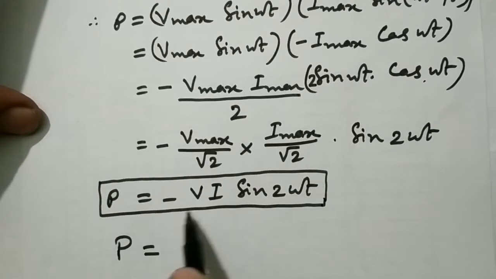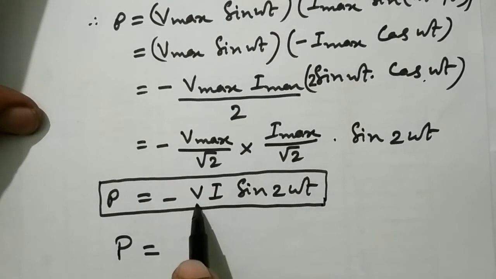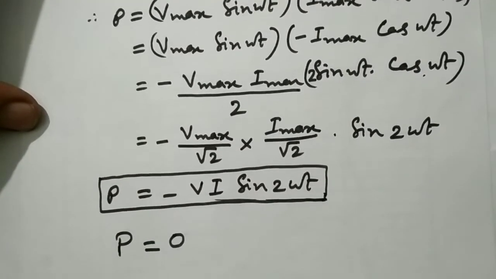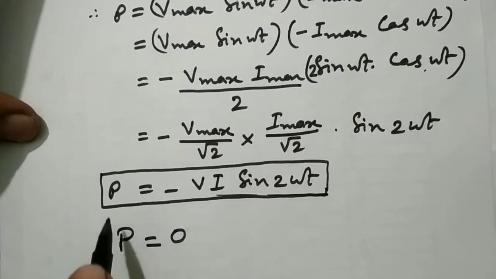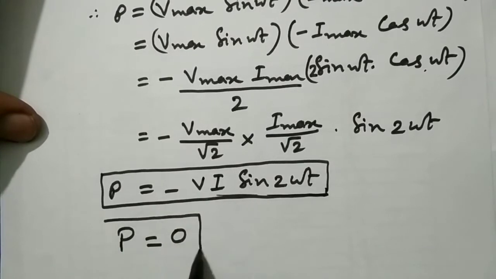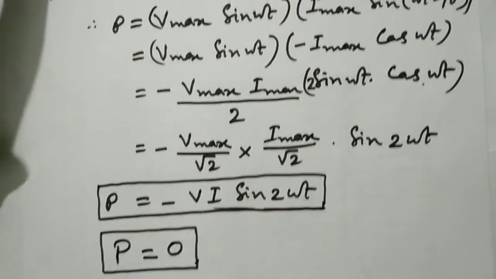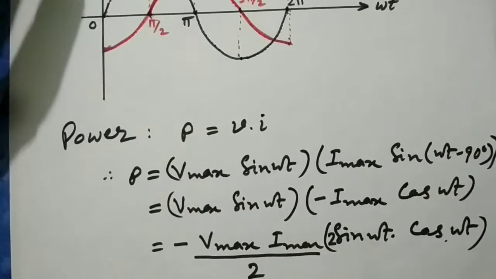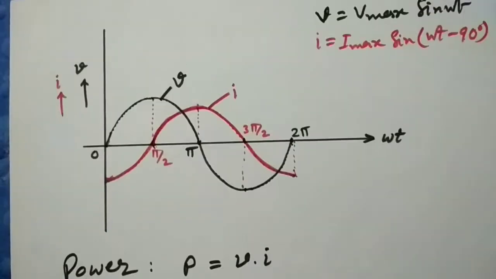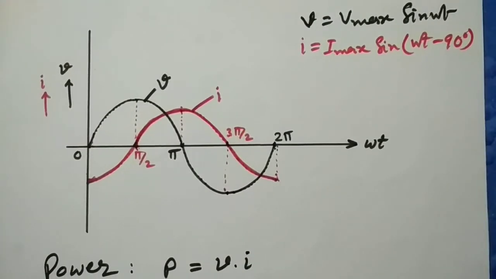Therefore, over a complete cycle, the average value of this sinusoidal term will be 0. Therefore, for a purely inductive circuit, the average power is always equal to 0. It can be seen from the waveform also. So let us further see the waveform.